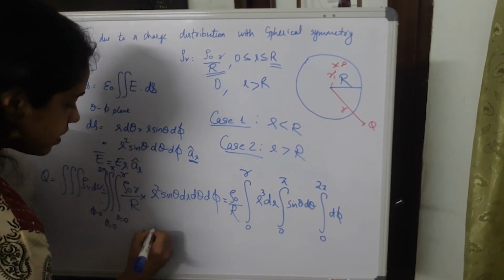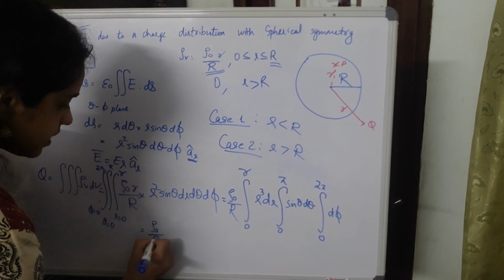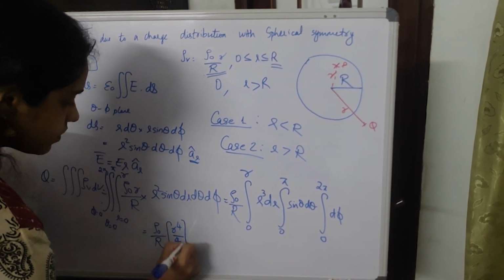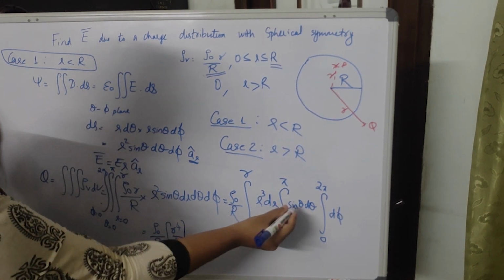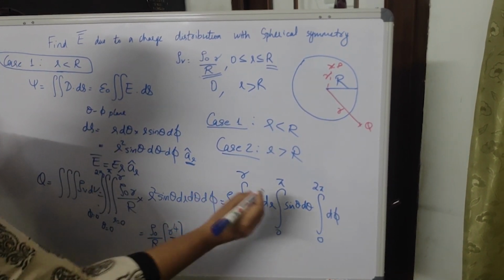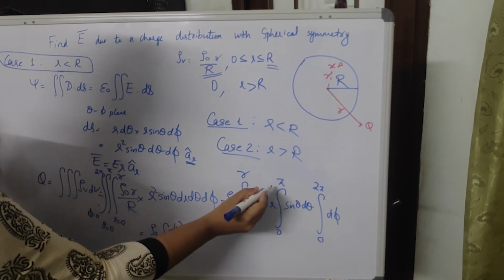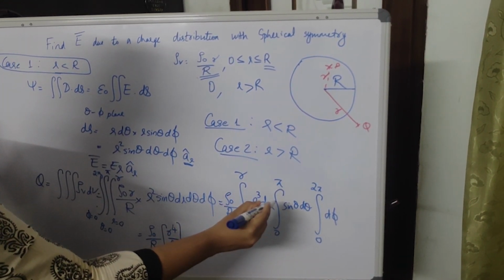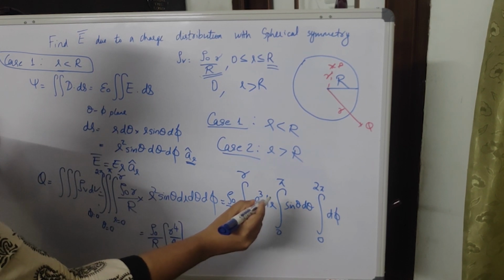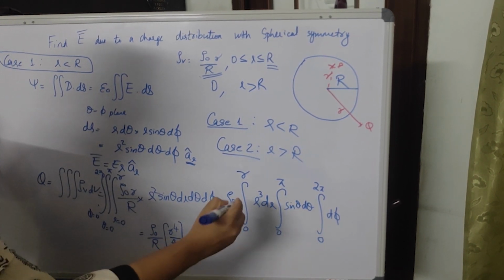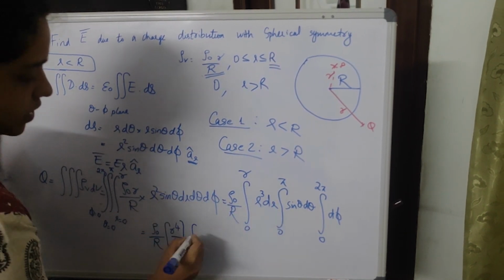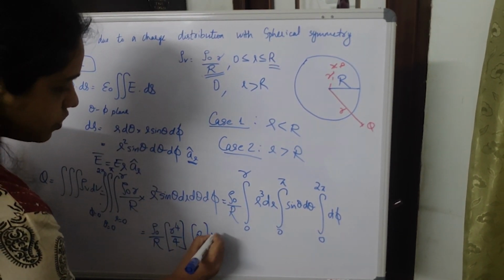So it will be rho naught by capital R into R raised to 4 by 4, applying the limit. Then sin theta on integrating gives minus cos theta. Applying the limit, cos 180 is minus 1, so it will be minus of minus 1, that is 1 minus minus 1, which is 2, into 2 pi.